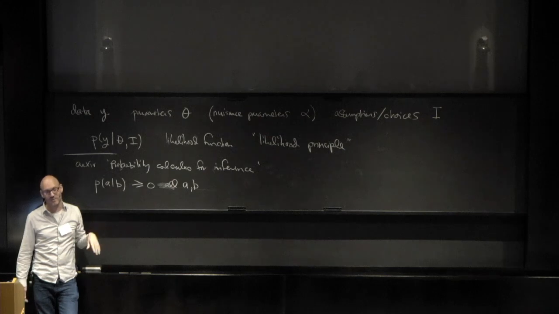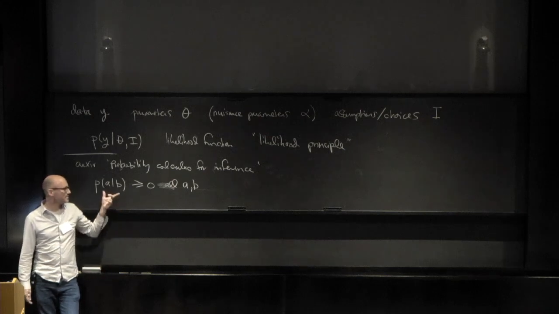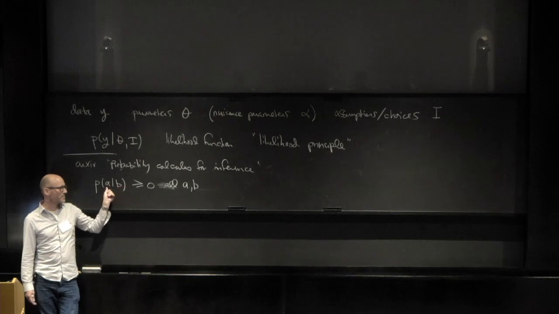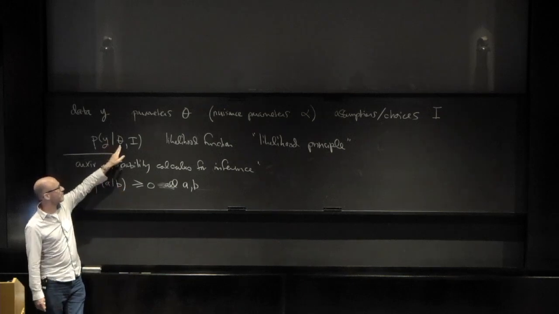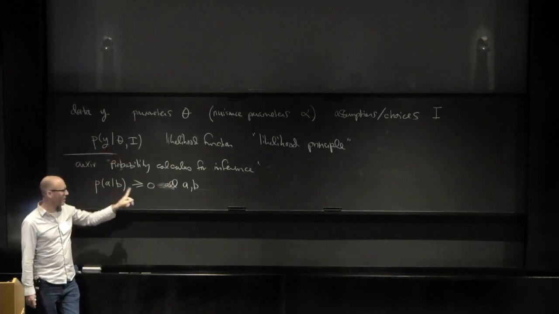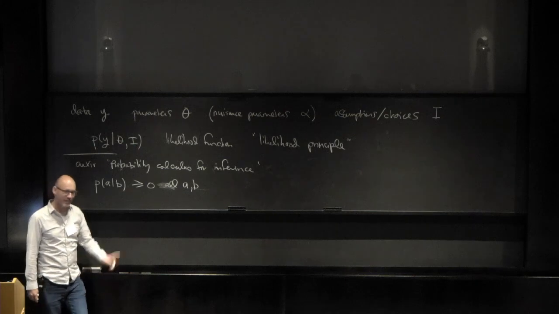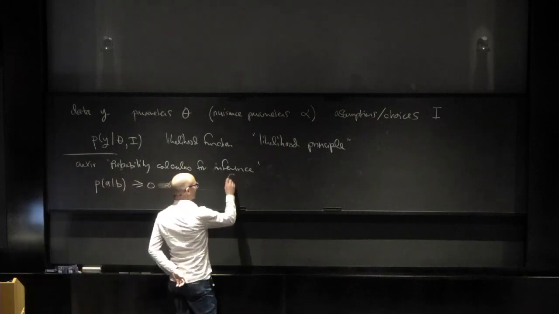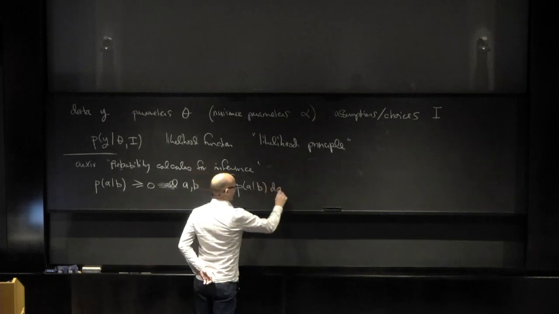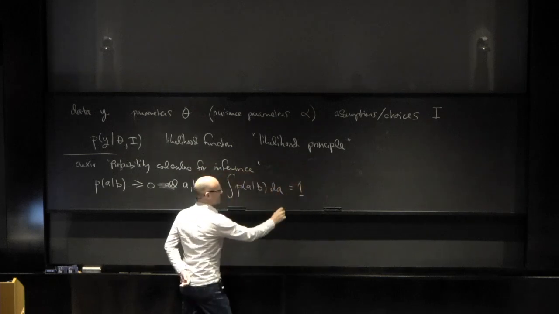This is written as P of A given B. The idea is that if you tell me B, this is a probability distribution for A. It's similar to up here: if you tell me the parameters, this is a probability distribution for the data. That is one property this function needs to have. The other property is that the integral of P of A given B dA is 1.